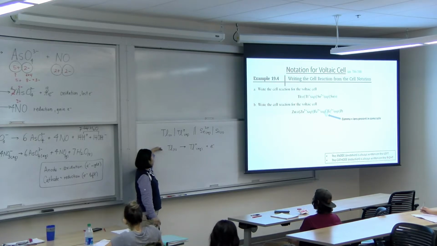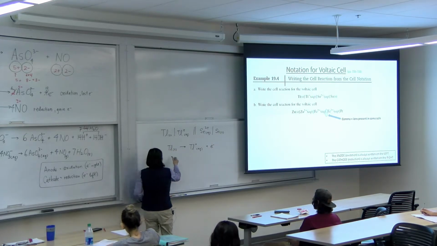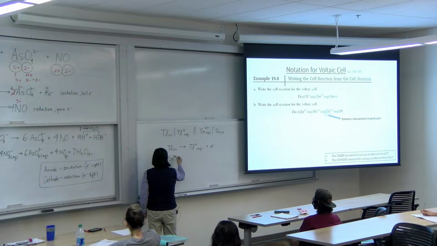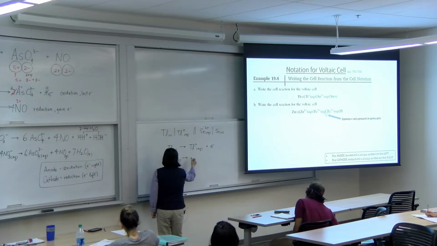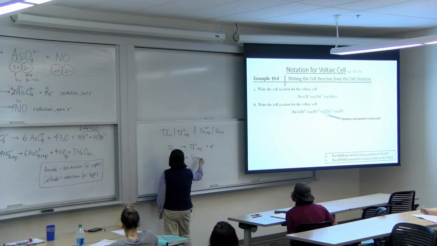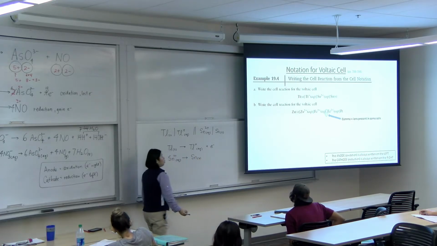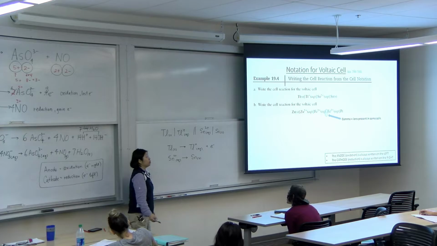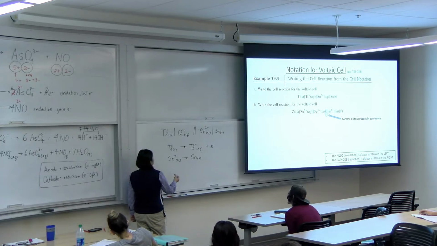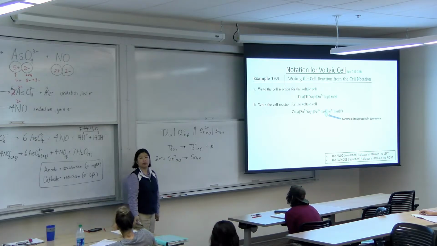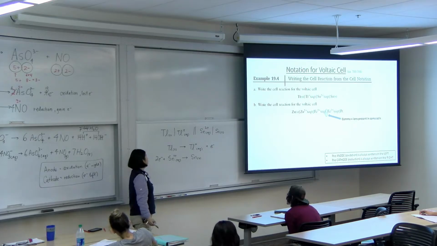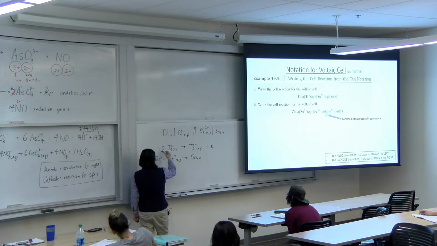Next one, tin 2 plus becomes tin, neutral solid. This is your reduction, right? So I need electrons on the one side. Very good. Is it balanced? No. Times the top one by 2. Very good.